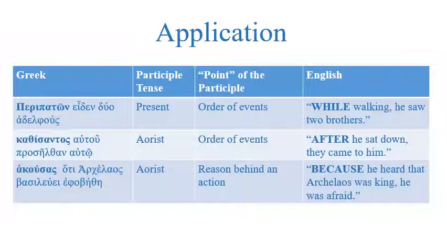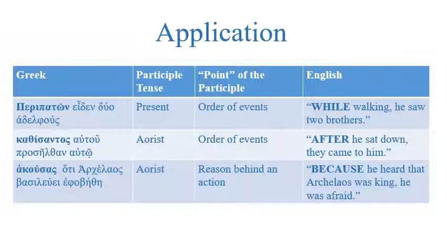And so we could translate it, while walking, he saw two brothers. In the same way, if we have the order of events in the aorist, like the example we just saw, kathisantos autou pros elthein auto, after he sat down, kathisantos, our aorist participle, they came to him.